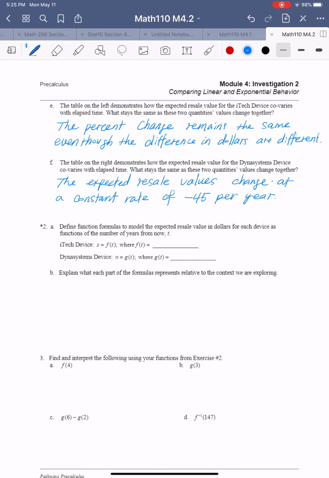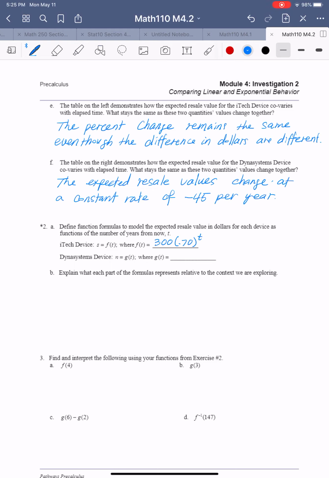Okay, number 2. Define the function formula to model the expected resale value in dollars for each device as a function of the number of years from now, t. So f of t is going to start with the $300 and then stay 70% by years, okay?